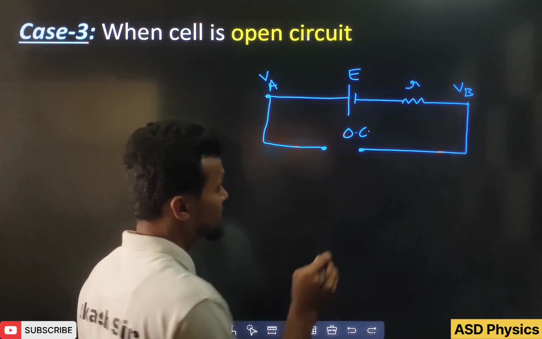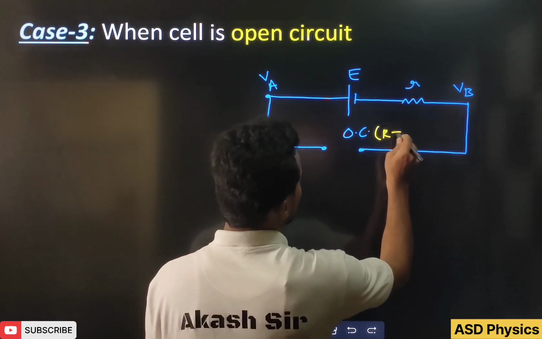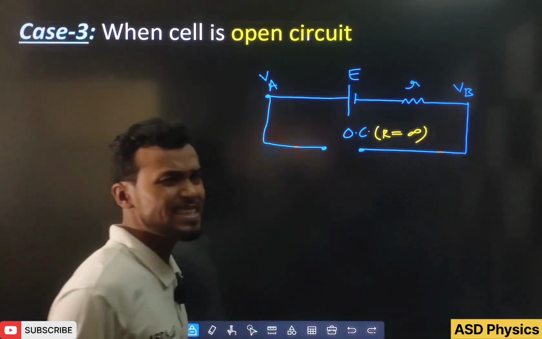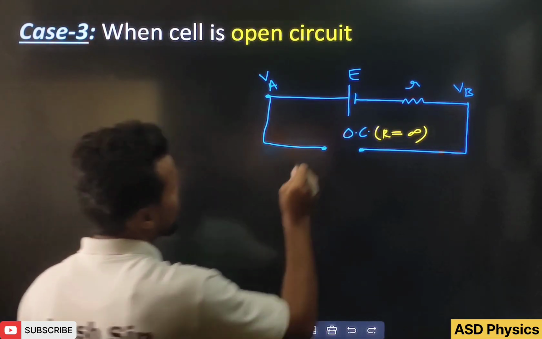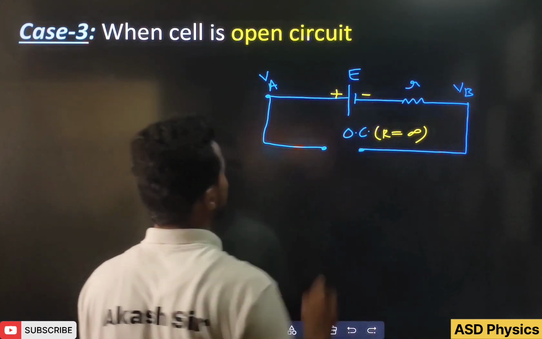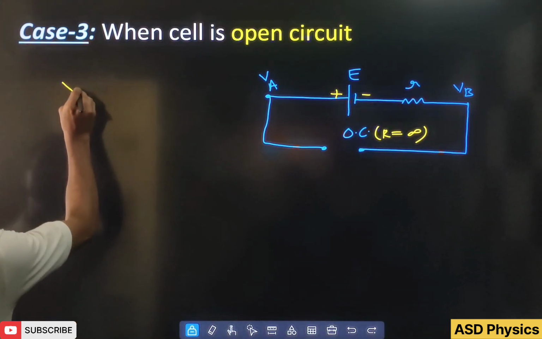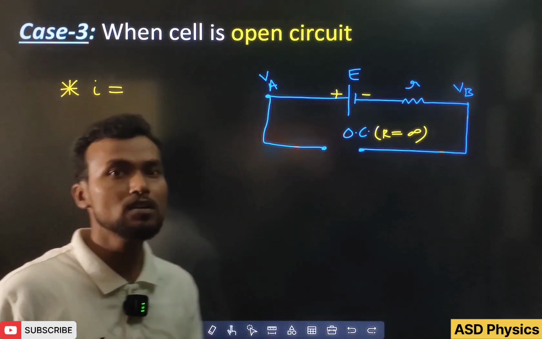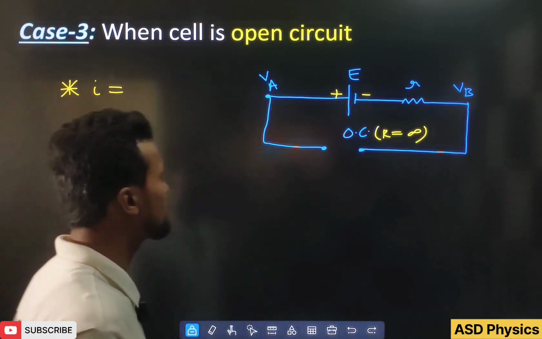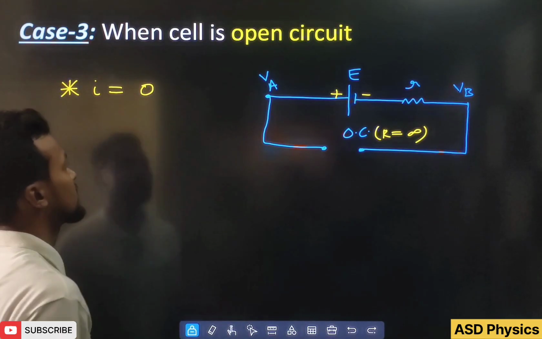In this open circuit situation, remember that open circuit means resistance infinite, hypothetically. So here this is the plus polarity, this is minus polarity. If I write the first thing, current, you know very well the current always flows in a closed circuit. Here the circuit is open, so the current will be 0.